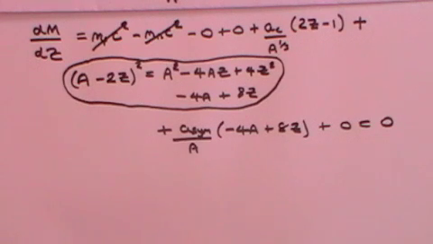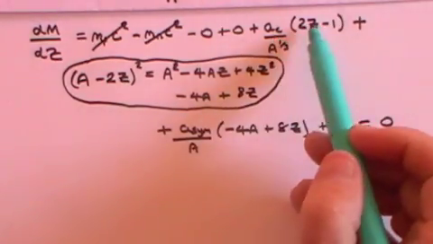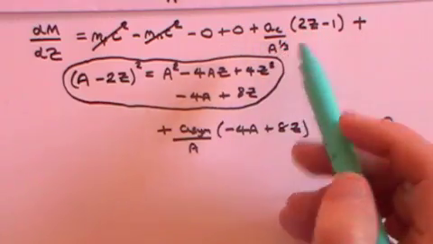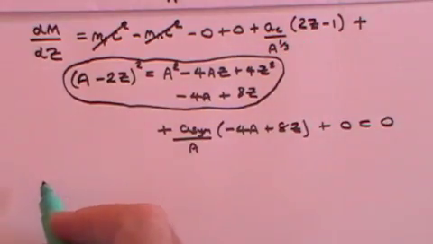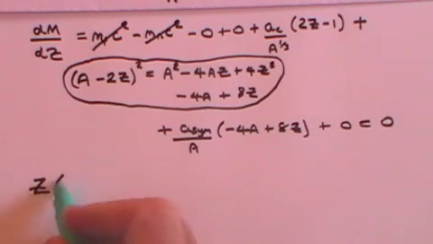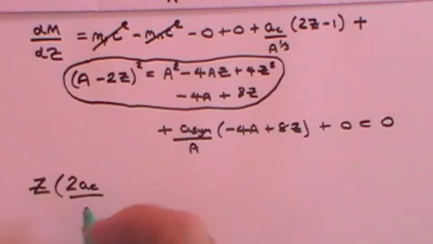Now I'm going to rewrite that equation, bringing the Z's on one side and the pure non-Z constants on the other side. So from this term here I've got a Z into 2ac over A to the 1/3. So I've got Z into 2ac divided by A to the 1/3.